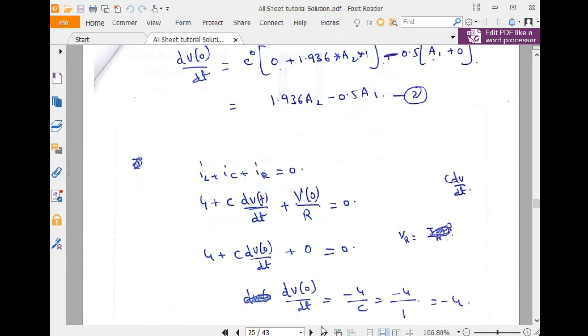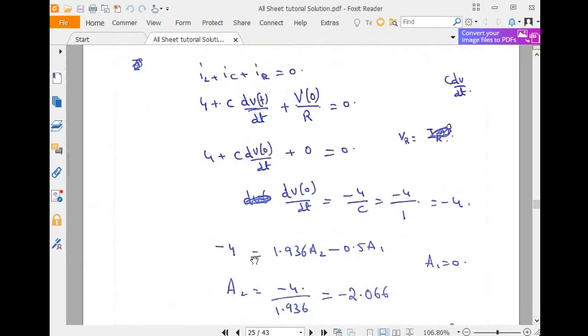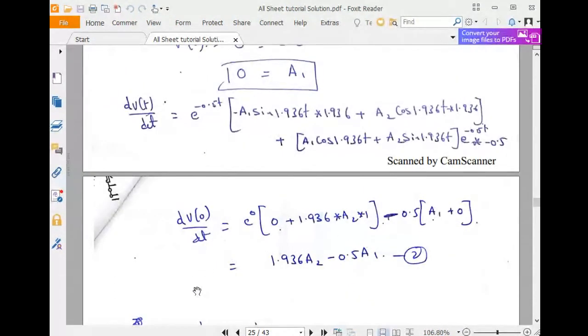By this standard equation, you will get the value of dV of 0 by dt, that is equal to -4. Substitute V of 0 and dV of 0 by dt here.